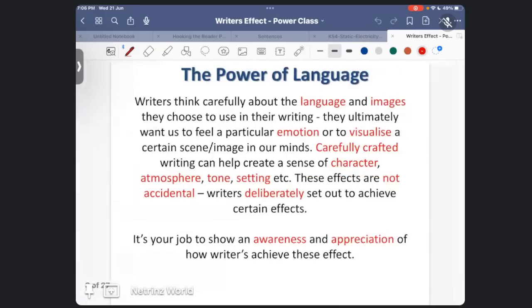Whenever a writer writes a text, the words or language chosen by the writer matter. If you master understanding writer's effect, you can see through the writer's soul through his or her writing.